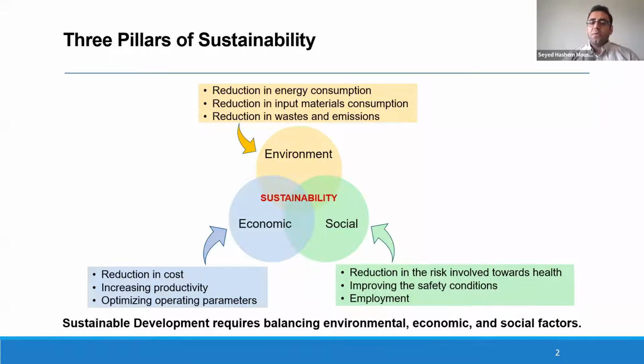Today, I'm going to talk about the environmental impact assessment using life cycle assessment, but economic analysis and environmental assessment are not separate aspects. In our studies, it's good to present the results from techno-economic analysis and environmental impacts combined together in journal publications or in reports.